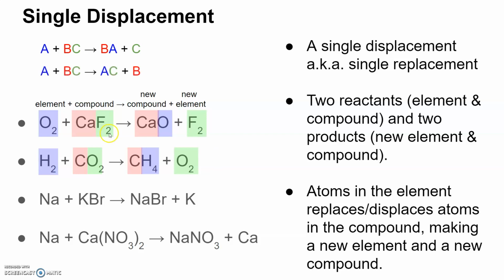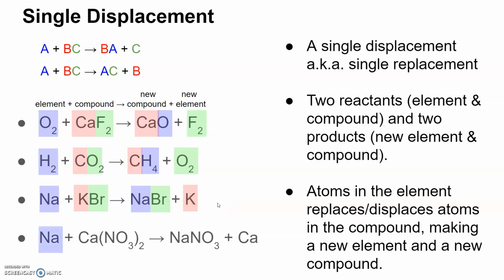Now, in these first examples, we were showing the element A replacing the atoms in the compound that's represented by C, what's highlighted in green. But that doesn't have to be the case. A could replace B. So in these examples, it's similar. We have sodium replacing the potassium here, forming a new compound and a new element.